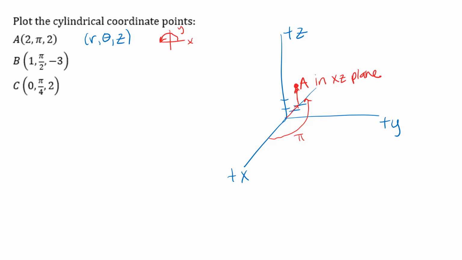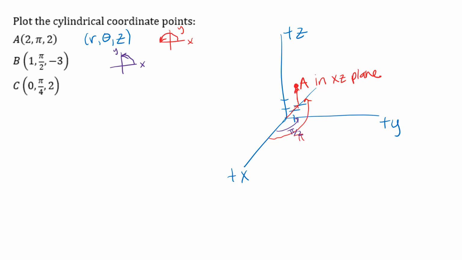All right, for point B, I'll do that one in a different color. If I think about that theta rotating around pi over 2 just in 2 dimensions, that's going to be from the positive x-axis toward the positive y-axis, so you'll end up on the positive part of the y-axis. I'm going to rotate around pi over 2, and then on that axis, I'm going to go out 1 unit. So I need a scale there.